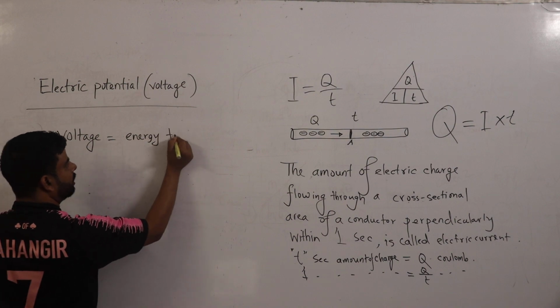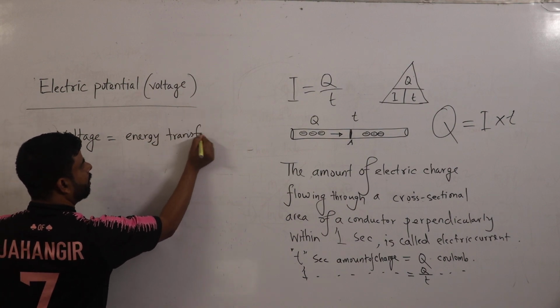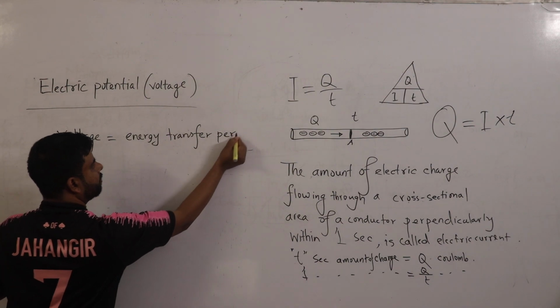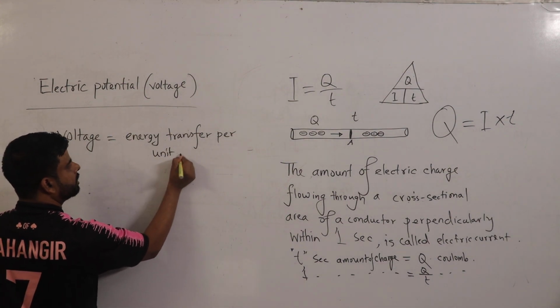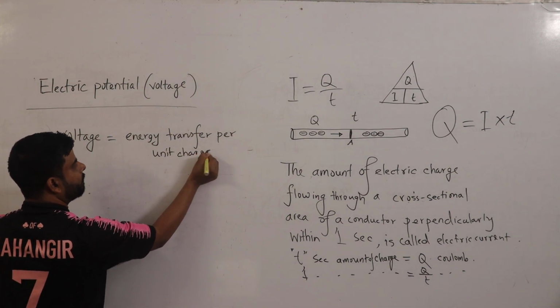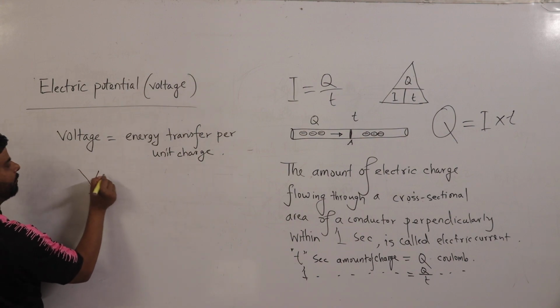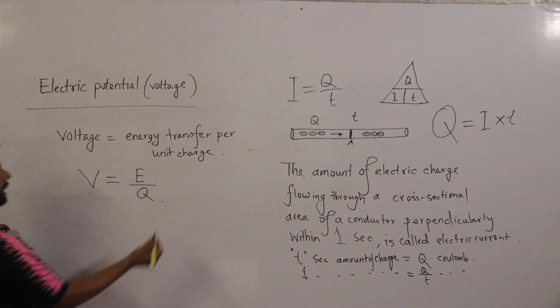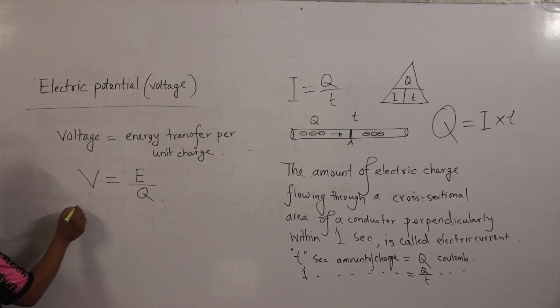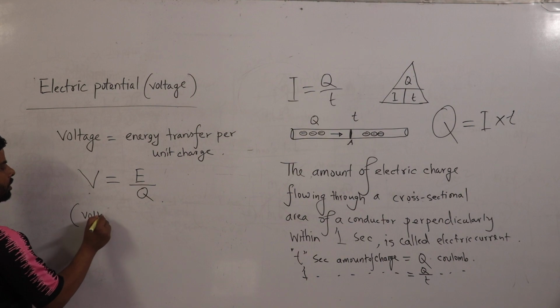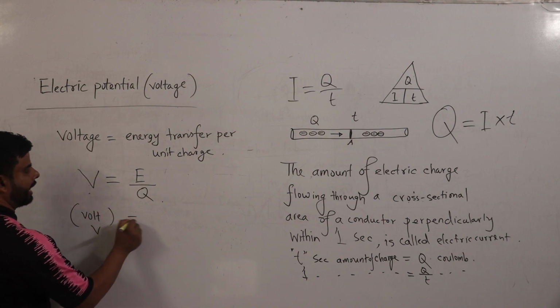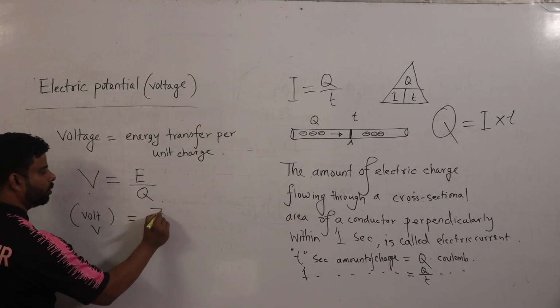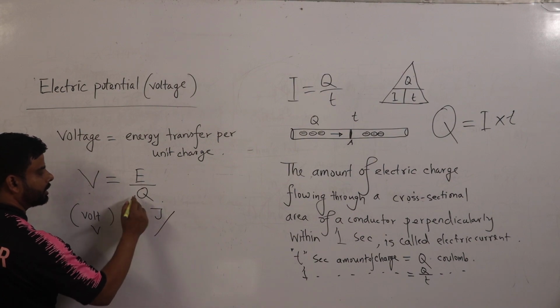Voltage is denoted by V. The unit of voltage is volt, short form V, the unit of energy is joule, and the unit of charge is coulomb.